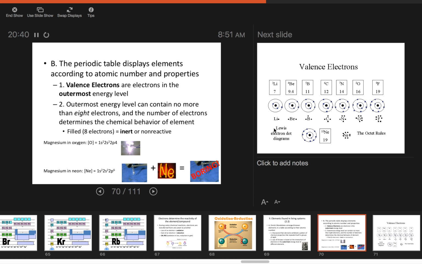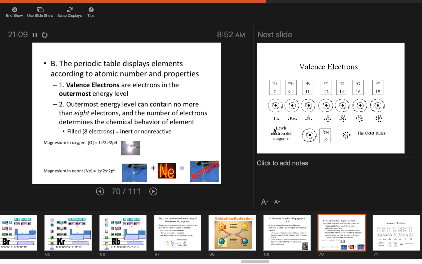So there's 1, 2, 3, 4, 5, 6, 7, 8, 9, 10, 11, 12, right? And then here's oxygen. Oxygen is 8. 1, 2, 3, 4, 5, 6, 7, 8. So you notice that oxygen has an open space here and here.